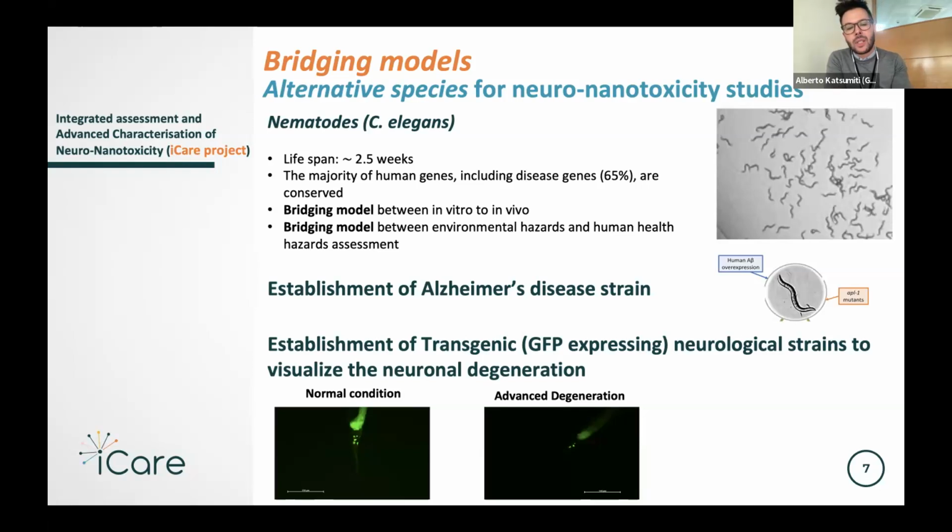In the 2 images below, we can clearly see that this animal, which is transparent, can express a normal condition, with a very clear fluorescent signal. And then once we have exposure to some chemicals that can induce neurological degeneration, we can see a decrease in this fluorescent signal.